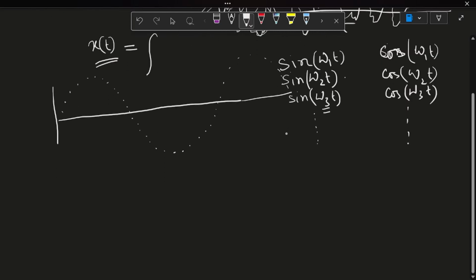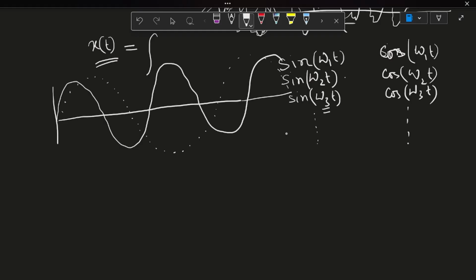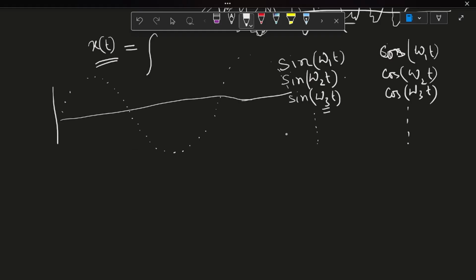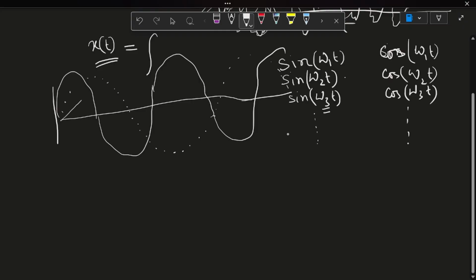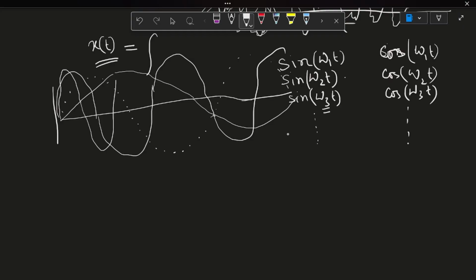Now I want to check if there is any component of it, so I can draw a sinusoidal with different frequency. I can have sinusoidal like this, or like this also, and also like this.